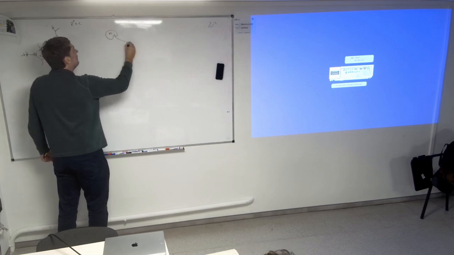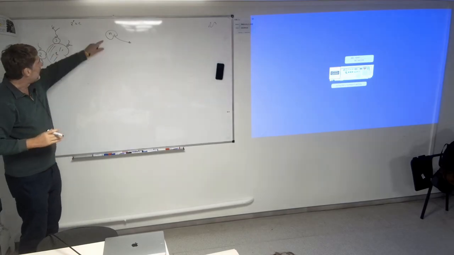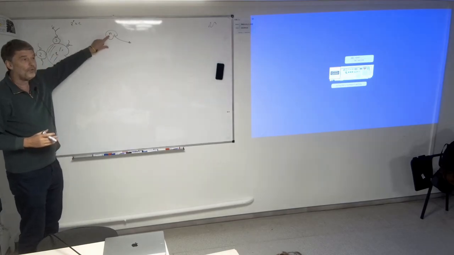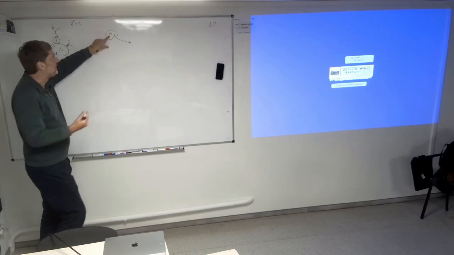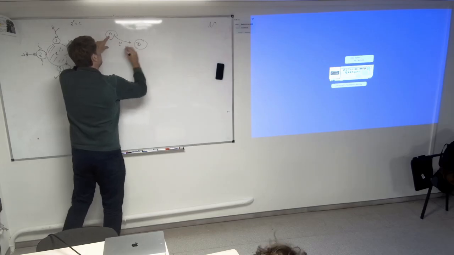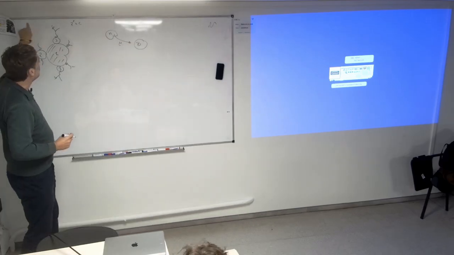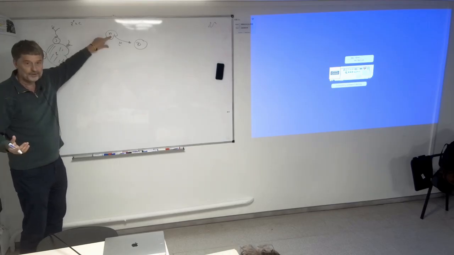One of the patterns is if you have any component of period n, then that means inside you have attracting cycles of period n. Then the multiplier at the periodic n orbit is somewhere in the unit disk.